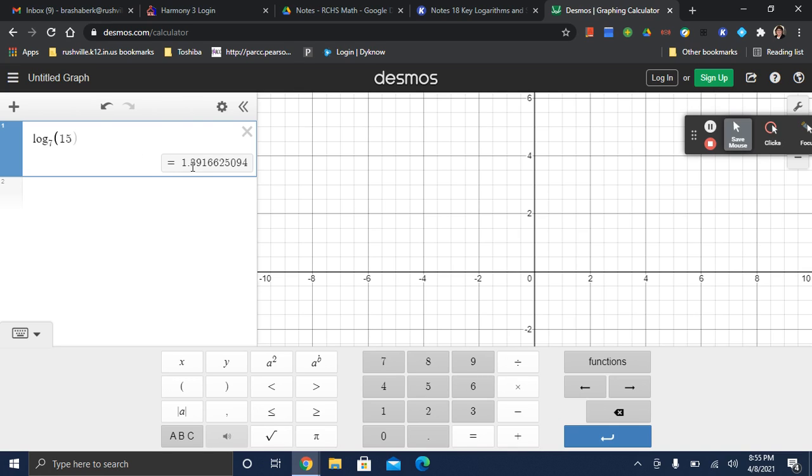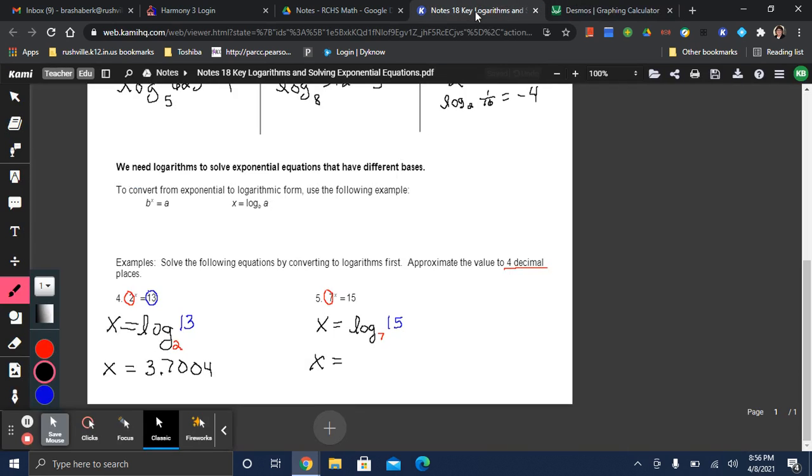And we have 1.3916. Now this 6 is going to round this one up to a 7. So 1.3917 is what we'll write for our answer.